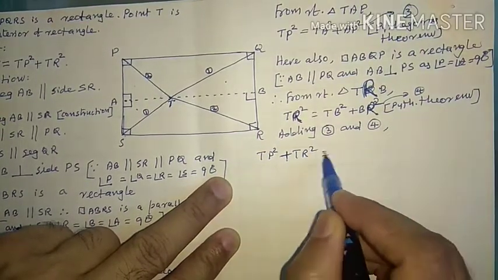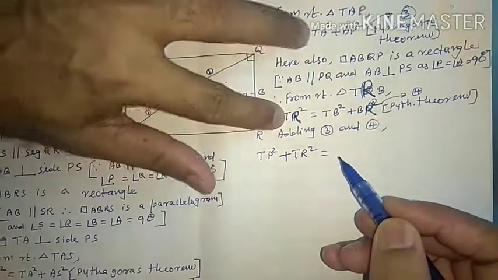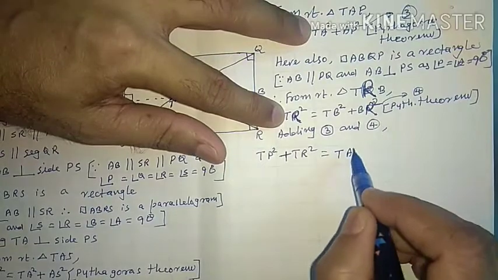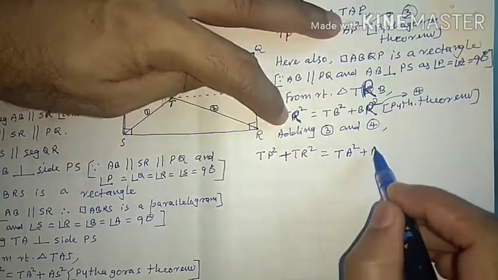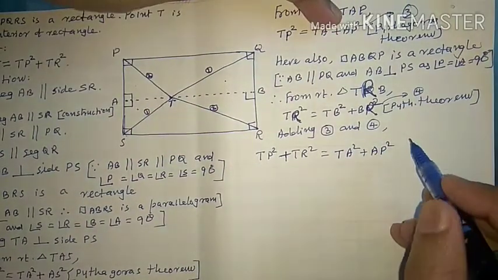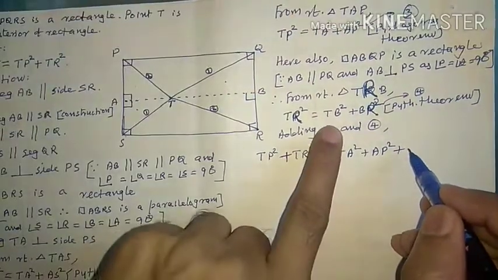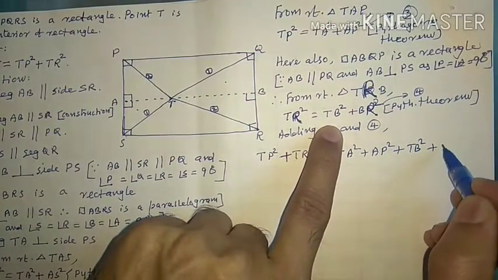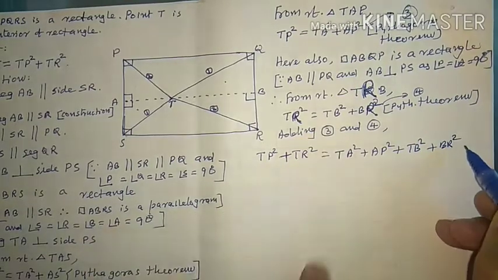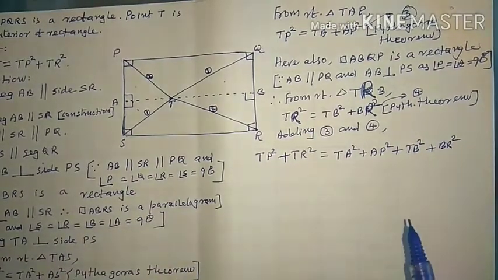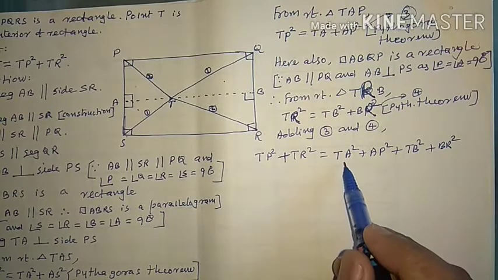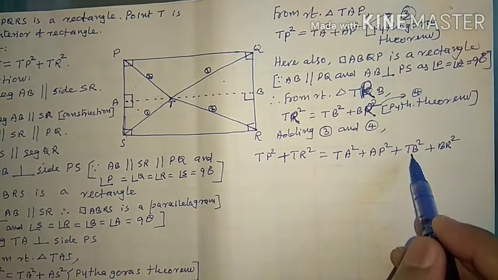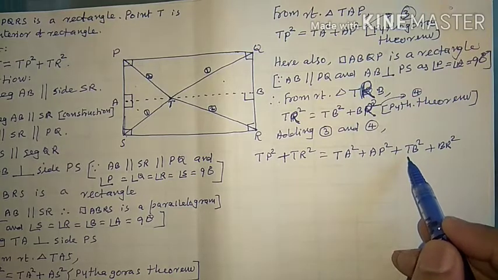Adding these two, TP square plus TR square is equal to TA square plus AP square plus here TB square plus BR square. We added. Now see the first one, TA square plus BR square plus TB square plus this BQ we have.